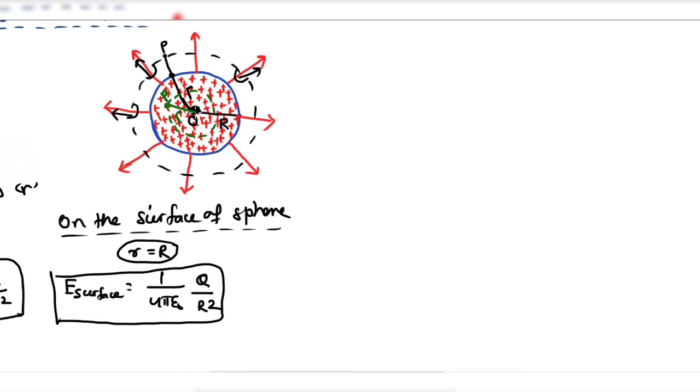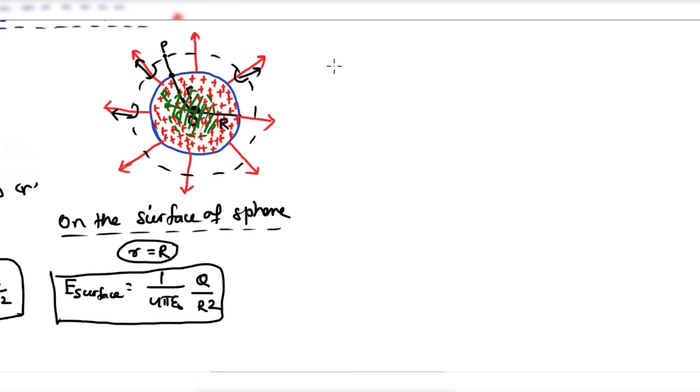Now, while deriving the expression for electric field inside a spherical shell, the total charge enclosed by the Gaussian sphere inside the spherical shell was 0. That's why E inside was 0 in case of a spherical shell. But in case of a solid sphere, the charge is distributed over the volume of the sphere. That's why this green color Gaussian sphere encloses the charge located in this region.